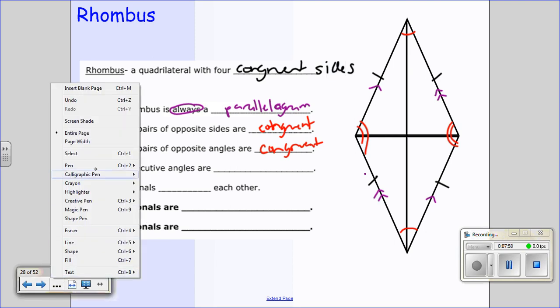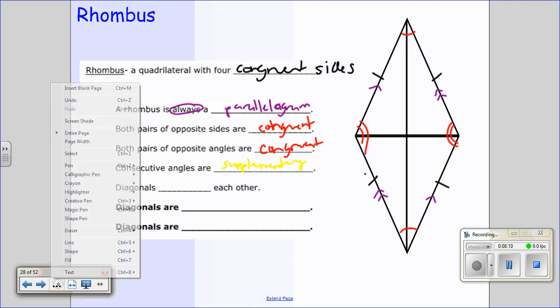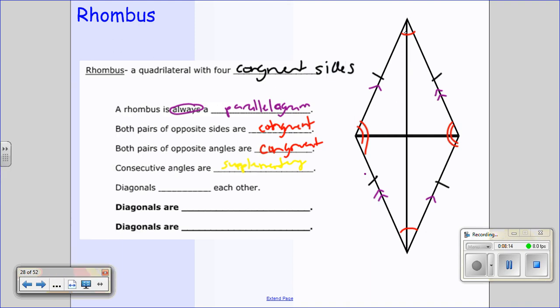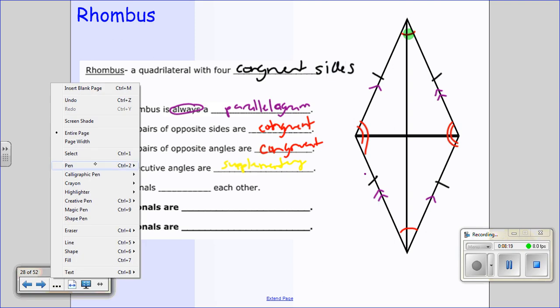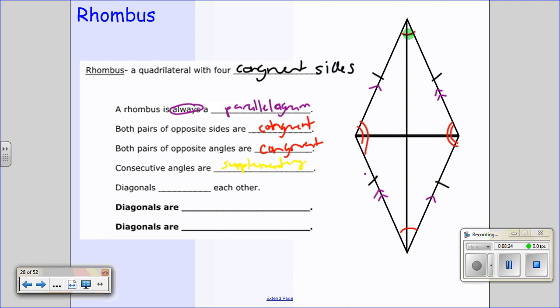Again, consecutive angles are supplementary. So the two supplementary angles are going to be that top one together with one side. Those are supplementary or consecutive. Or you could use the top one with the other side.